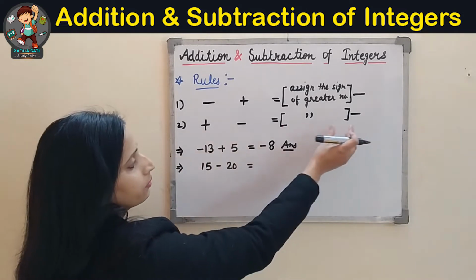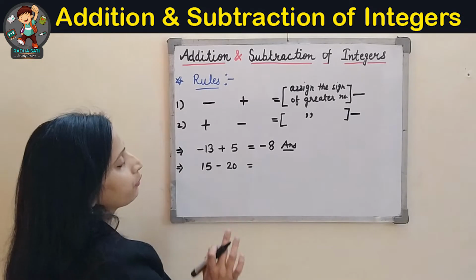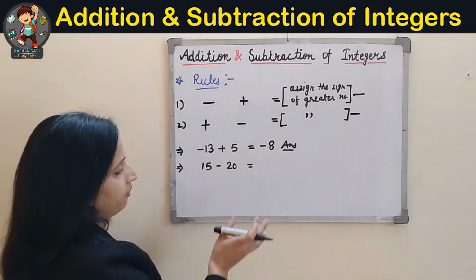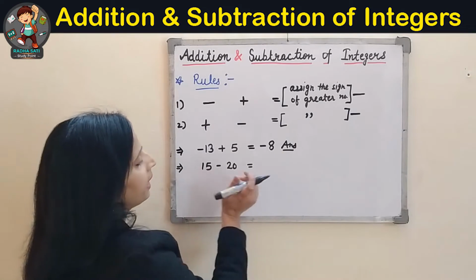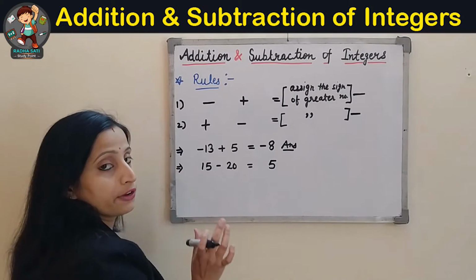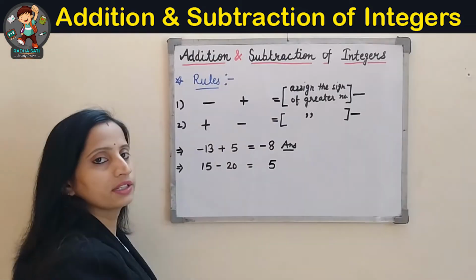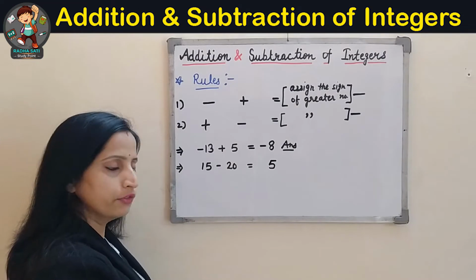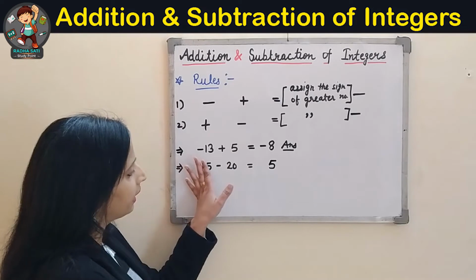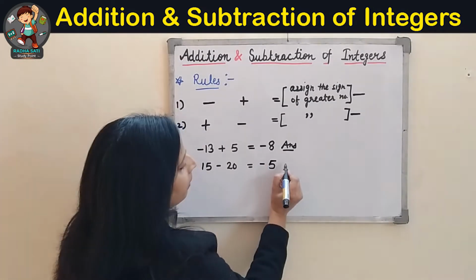Plus, minus, we know minus. So, from 20 we will subtract 15. We will do the general subtraction. So, 20 minus 15, 5. Now, again we will check for the greater number from 20 and 15. We know 20 is greater. And what is the sign of 20? The sign of 20 is minus. So, we will put the minus sign.